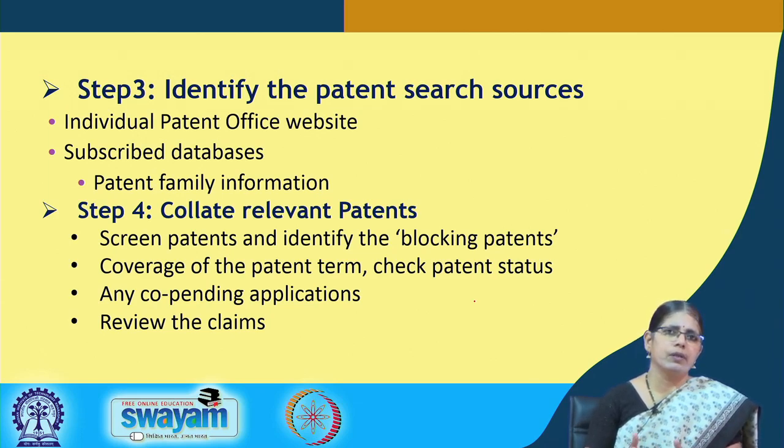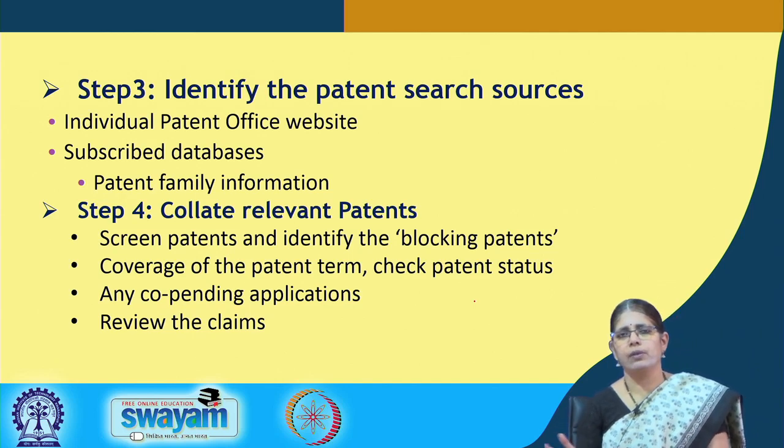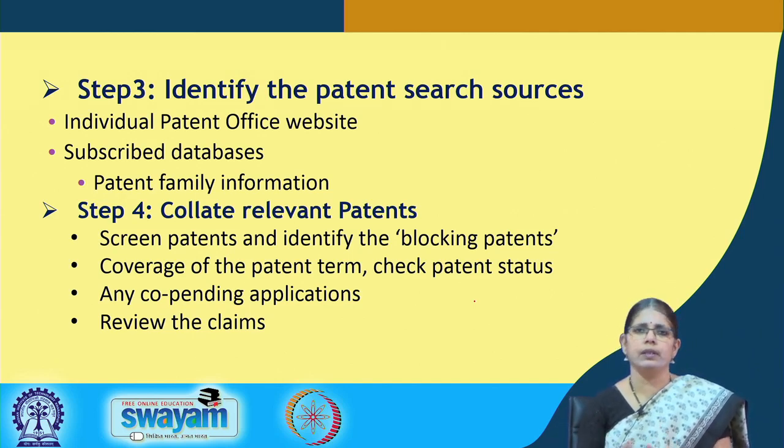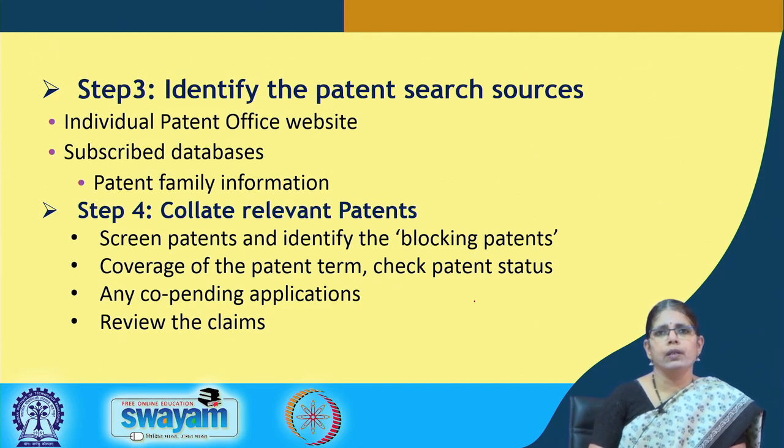Sometimes patent searchers use subscribed databases, which are a collection of different patent databases of different countries. Therefore, at one go you can actually get the entire information. You can filter by country information, you can also filter by assignee information. So, that ease is provided with the subscribed patent databases.